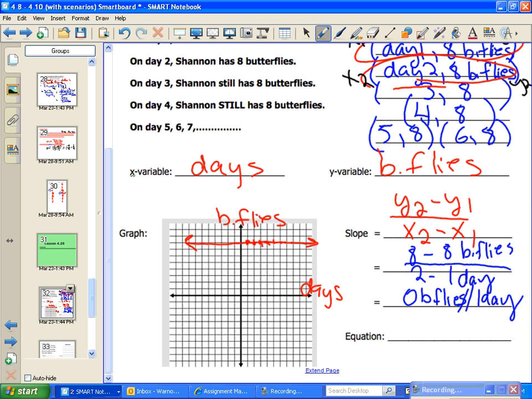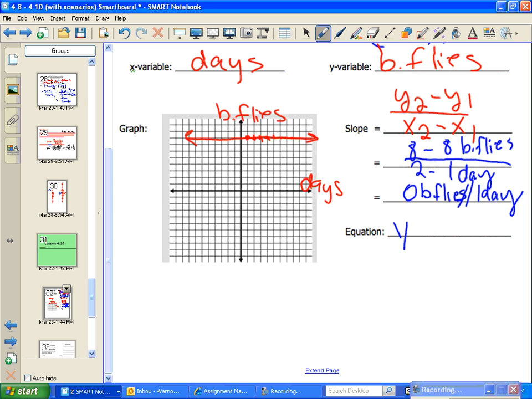Okay, the equation: y equals, what's the slope, guys? 0x plus b. What's the y-intercept? 8, okay? We started at 8. We went up 0, right 1, up 0, right 1, up 0, right 1.